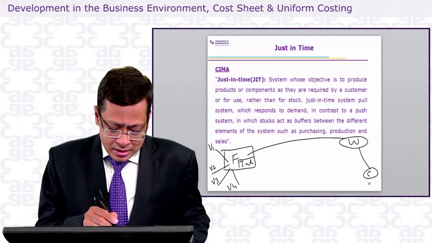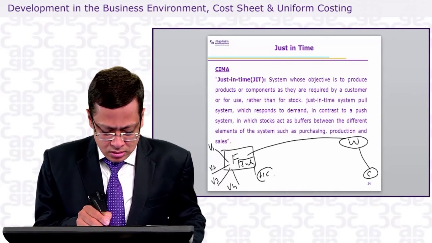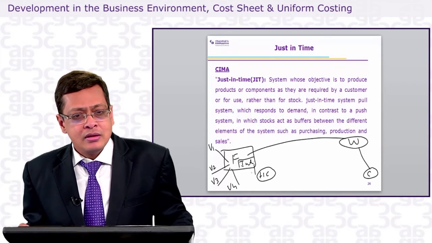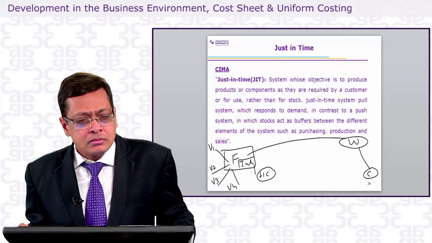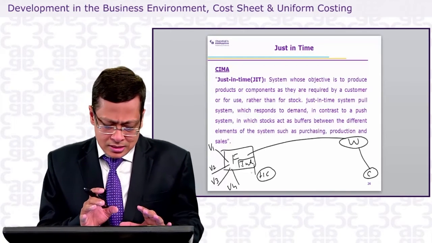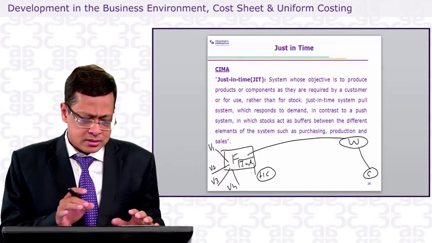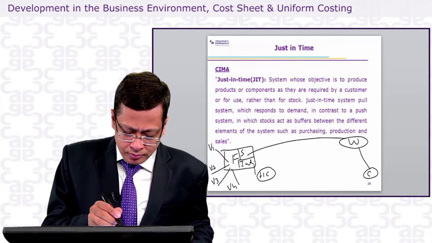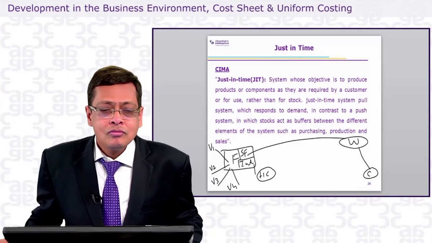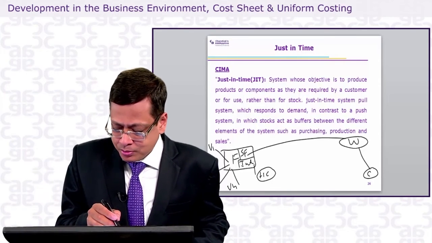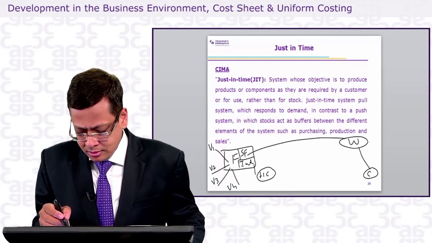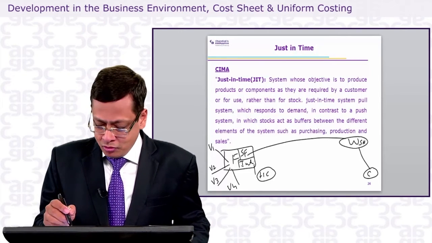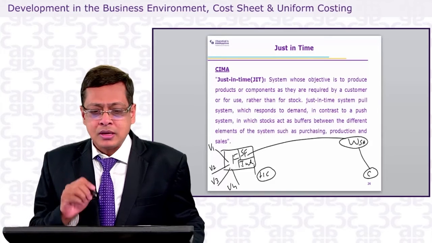Now you are incurring the holding cost because there is cost of storage. You have to pay interest on capital employed, rental, insurance, and then you send it to the shop floor. After it is produced, it is sent to the warehouse for sale. From here it is dispatched to the consumer.